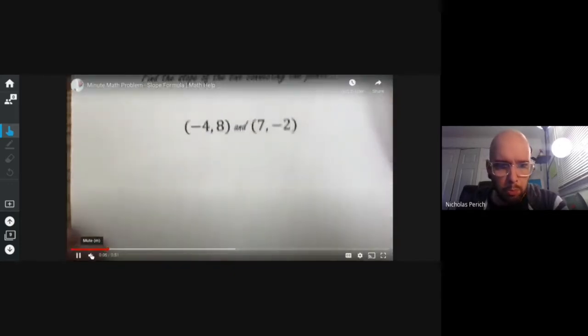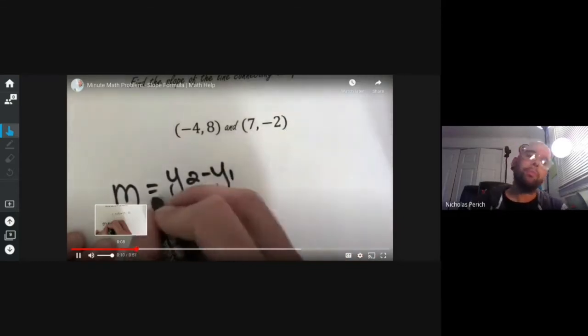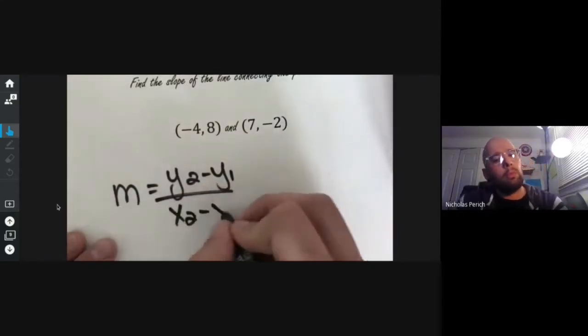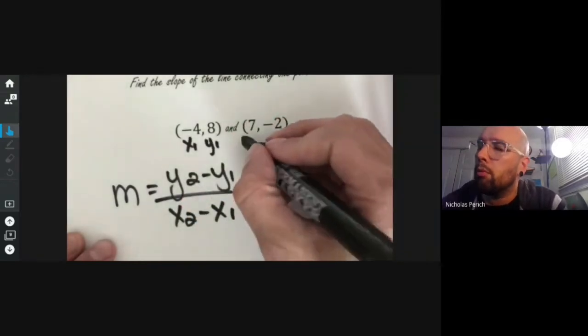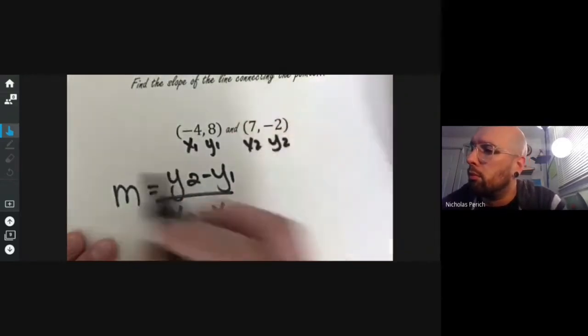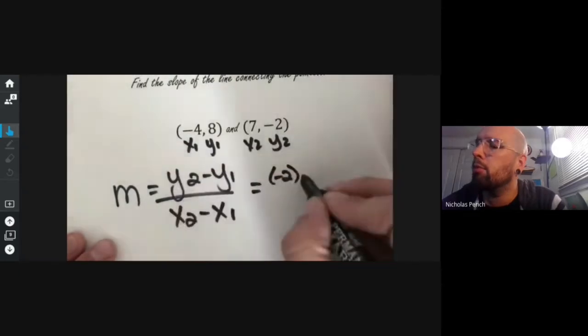All right, if I'm required to find the slope of a line connecting 2 points and I don't have a graph, I have to use what's called the slope formula, which is this guy right here. Before I use the slope formula, I'm going to label my points x sub 1, y sub 1, and x sub 2, y sub 2, and now I just plug them in.